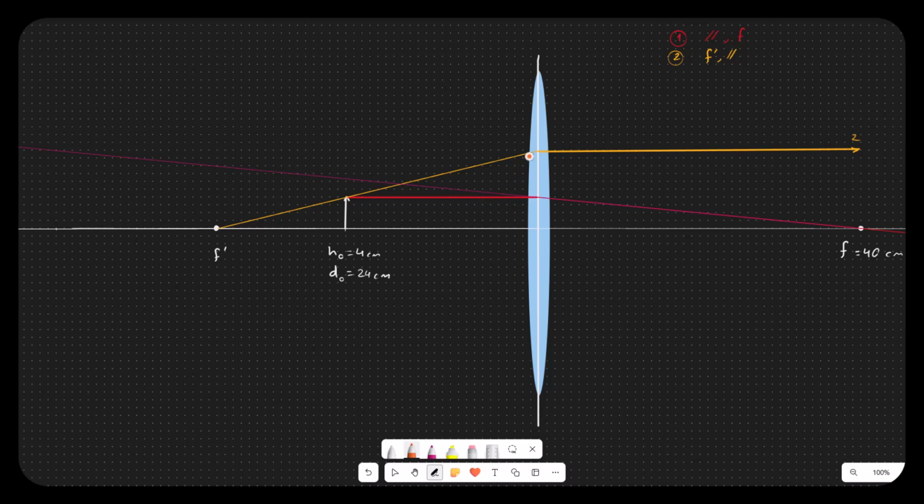I like to change the color just a little bit because it's a reminder of what I'm doing, of what's actually crossing. So this is my 2 prime. This is my 1 prime. And it's like 1 prime would have gone that way, 2 prime would have gone this way. This is if they were not rays that bent at the lens but kept going straight.